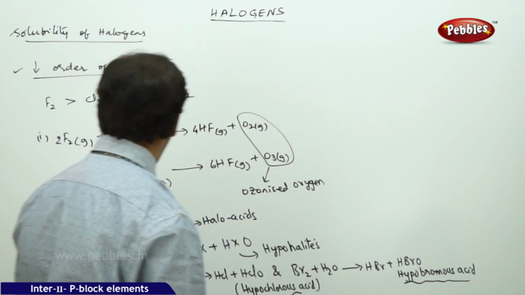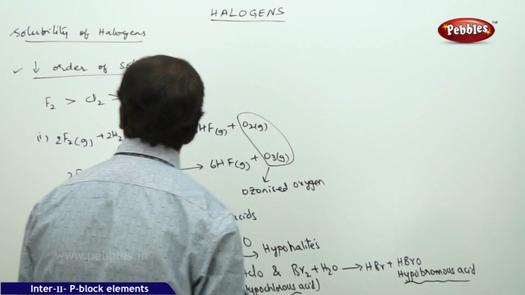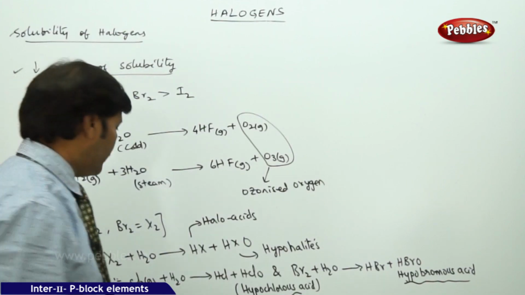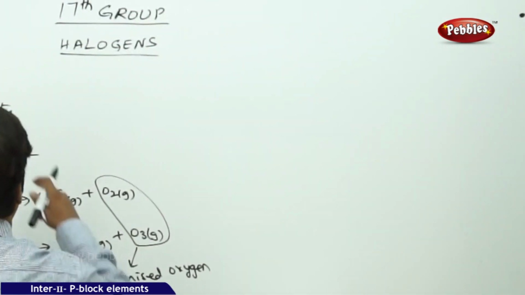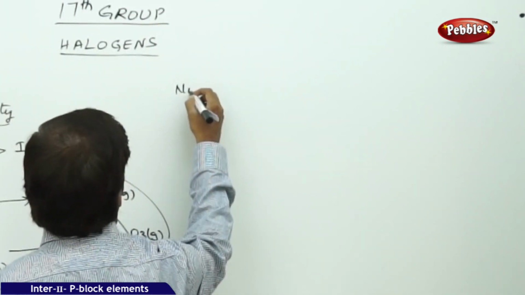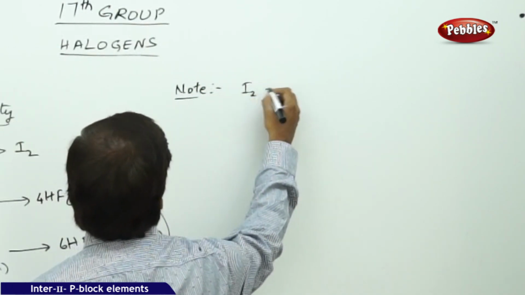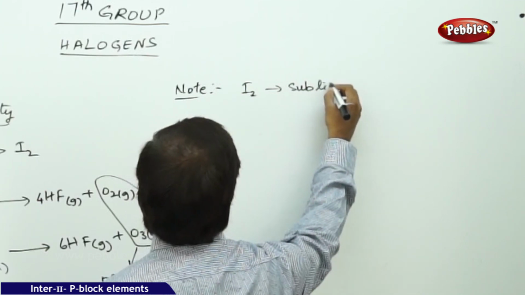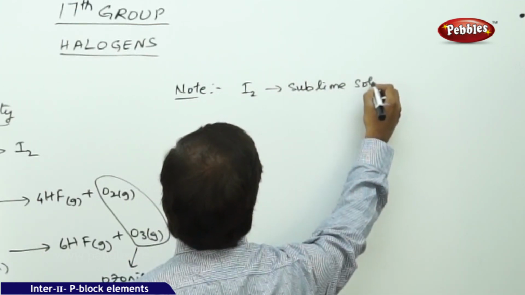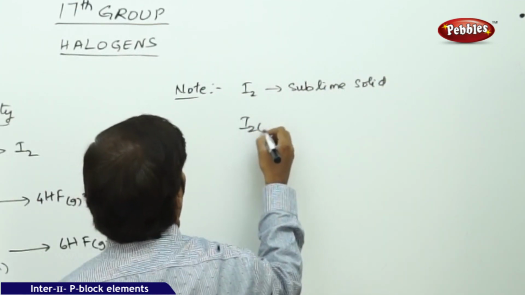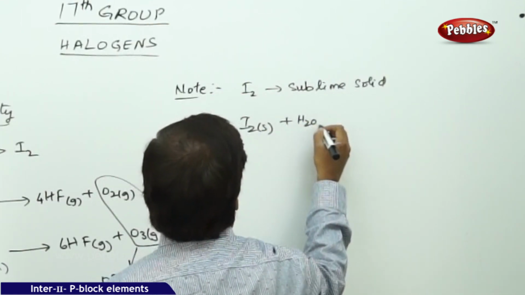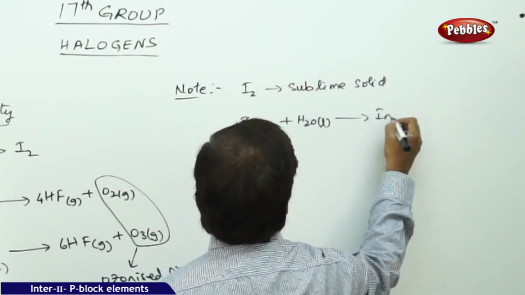Apart from this, in the solubility, if you take I2 particularly, one important point to note is that I2 is a sublime solid, and as a solid, if you put it in liquid water, it is insoluble.